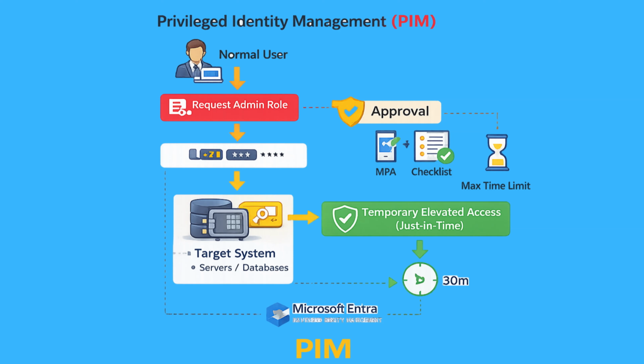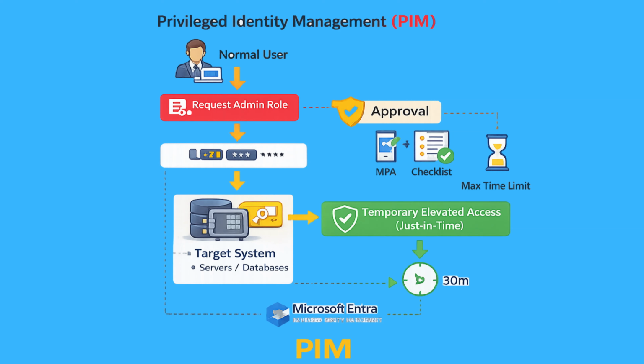This activation can require multi-factor authentication, approval from another administrator, a defined activation time limit. A well-known example of this capability is Microsoft Entra Privileged Identity Management. Using PIM significantly reduces the risk of privilege abuse because elevated permissions are only active for a short period.